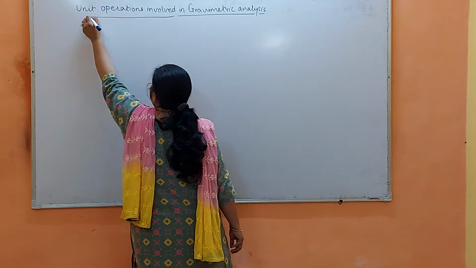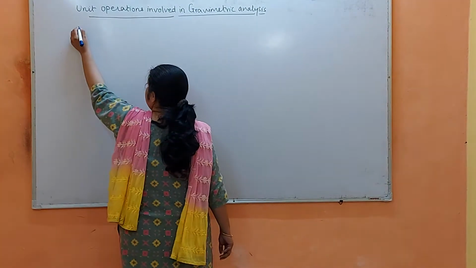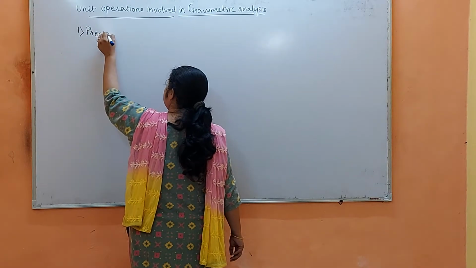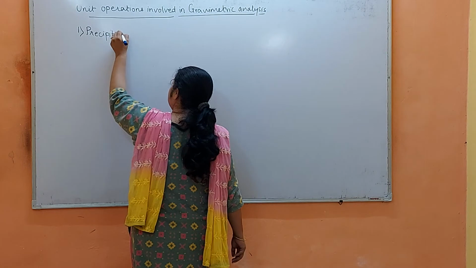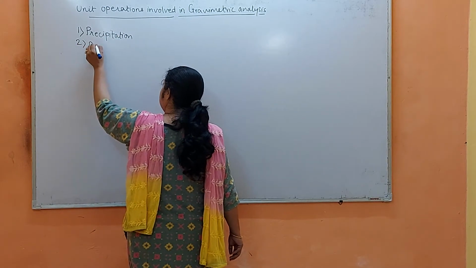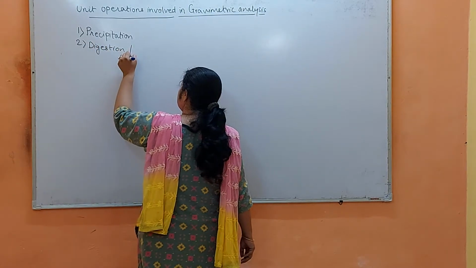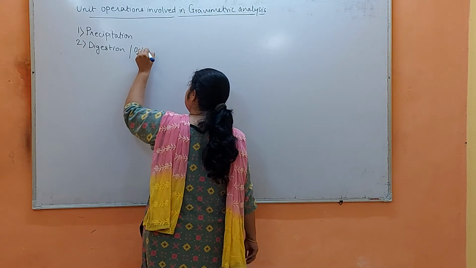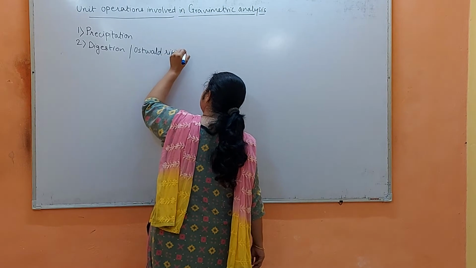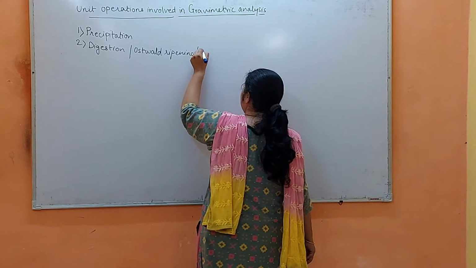Now see, the unit operations involved are, first one is precipitation, then is digestion. This digestion is also called Ostwald ripening or aging, even you can call it.